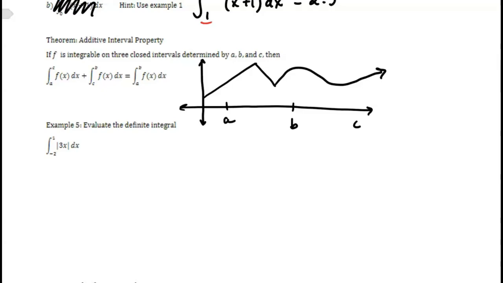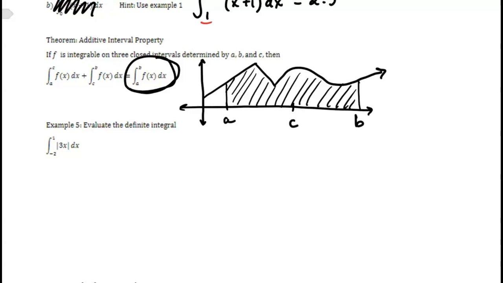The integral from A to C would give us all of this here. All this theorem is saying, oh, I think I have these switched around. Switch these around, please. Put C in the middle and put B on the end. Okay. The integral from A to B would give us that entire area that I have shaded there.